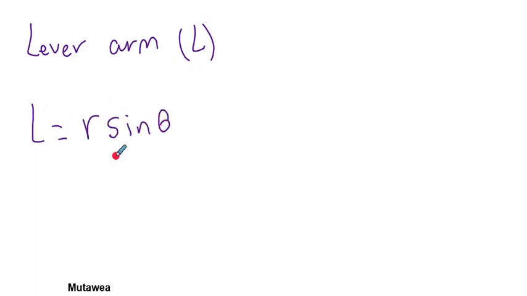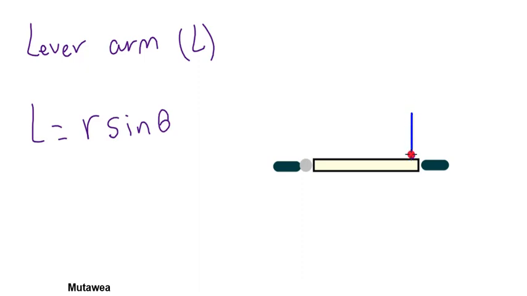So what's the lever arm? We use capital L to represent the lever arm. So L from the previous equation equals R sine theta. It's the perpendicular distance from the axis of rotation to the force line. How can we do this? Now look at this door. If we are trying to open it and we apply a force that is perpendicular to it, like this, this is the force vector, and this is R, the distance from the axis of rotation to this point.